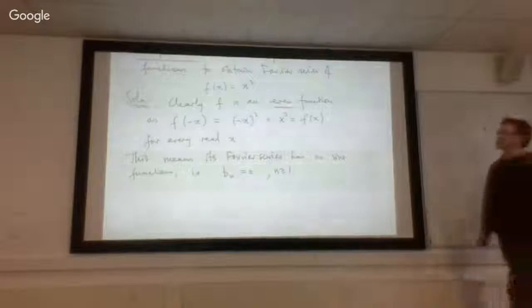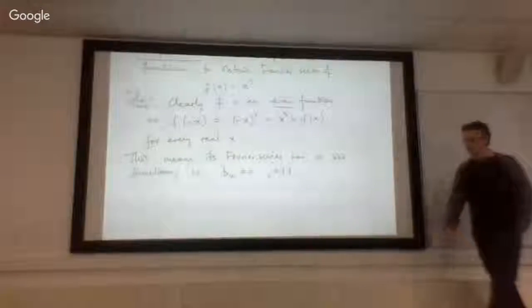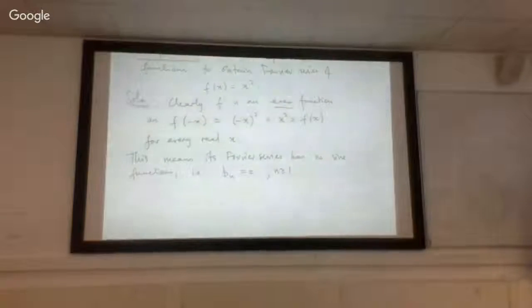Understood that bn is the Fourier coefficient on the sine functions. So that immediately halves the amount of work we have to do. We already know that the bn's are 0.